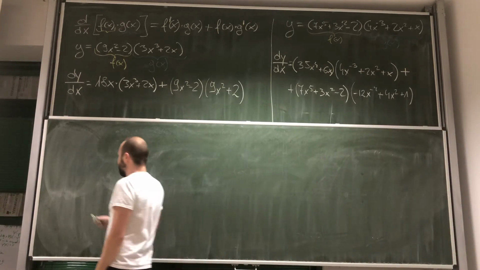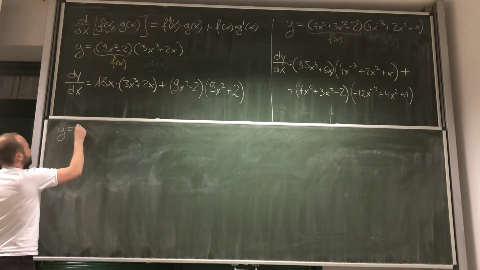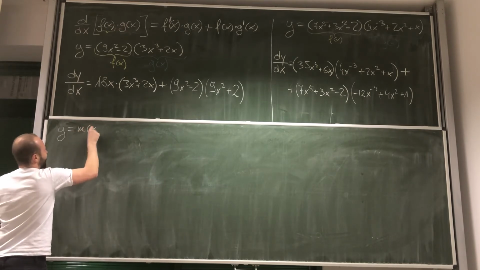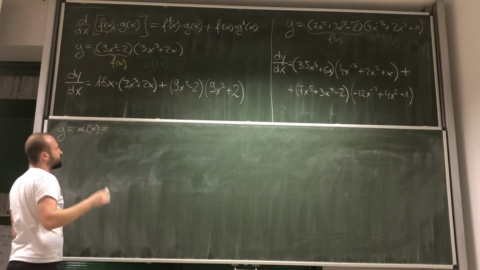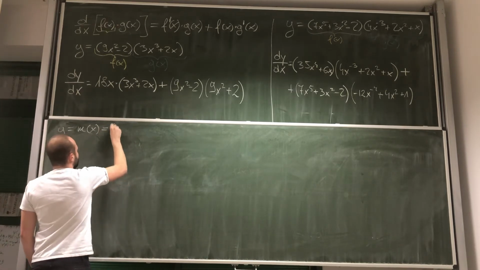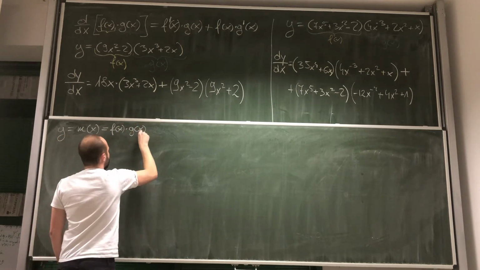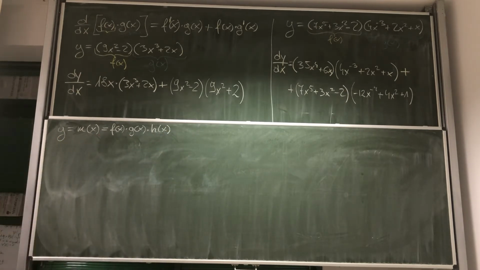Imagine that y is equal to some m of x, and this m of x is equal to a product of three functions: f of x times g of x times h of x.